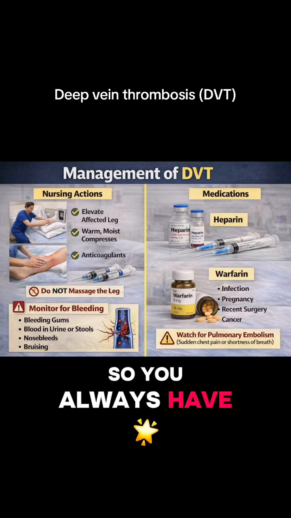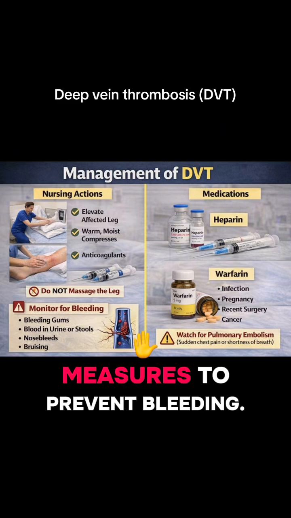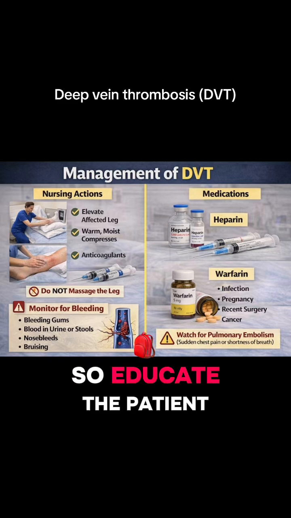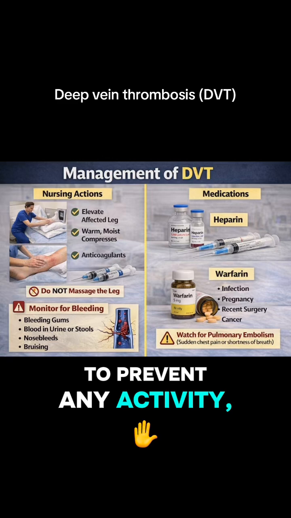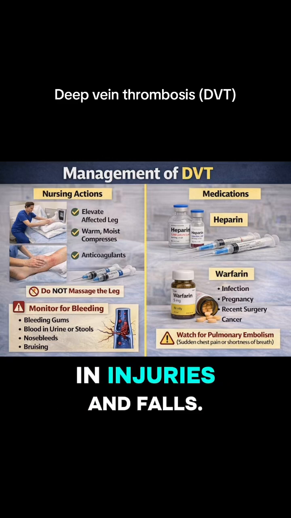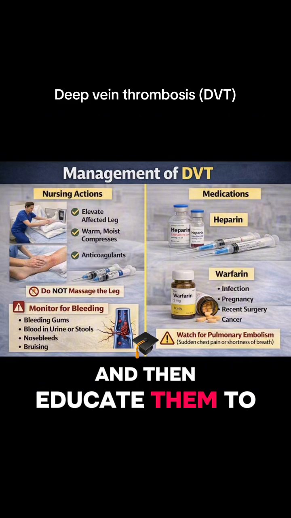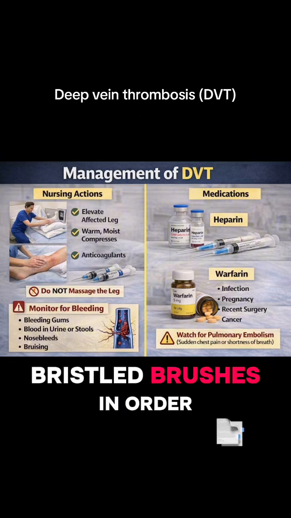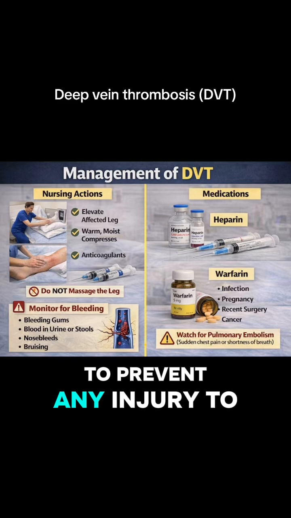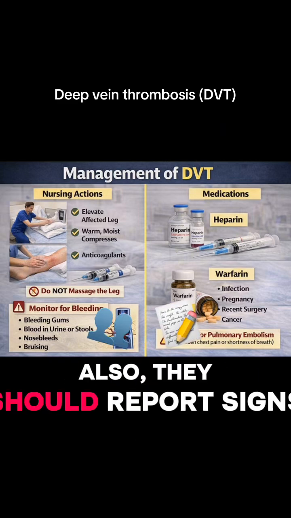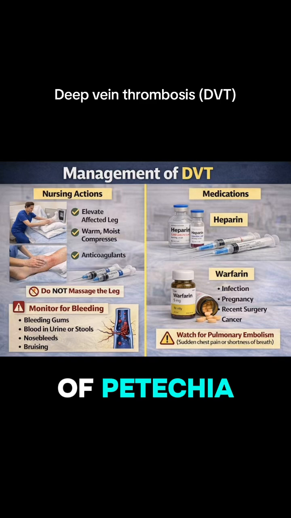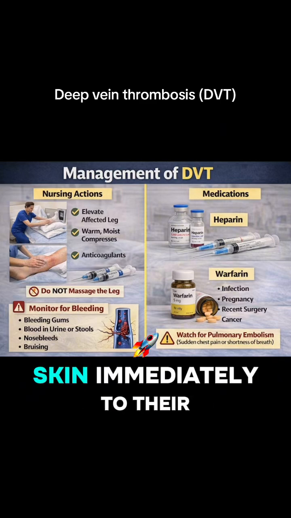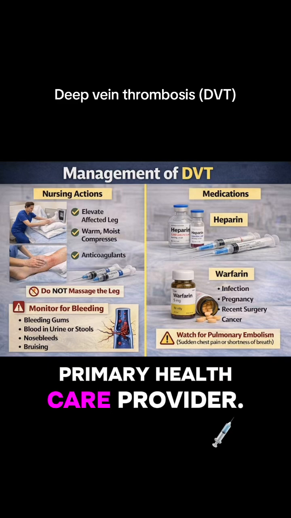So you always have to educate the patient on measures to prevent bleeding. Educate the patient to avoid any activity that can result in injuries and falls. Educate them to use soft bristle brushes in order to prevent any injury to the gums. Also, they should report signs of petechiae or bleeding under the skin immediately to the primary healthcare provider.